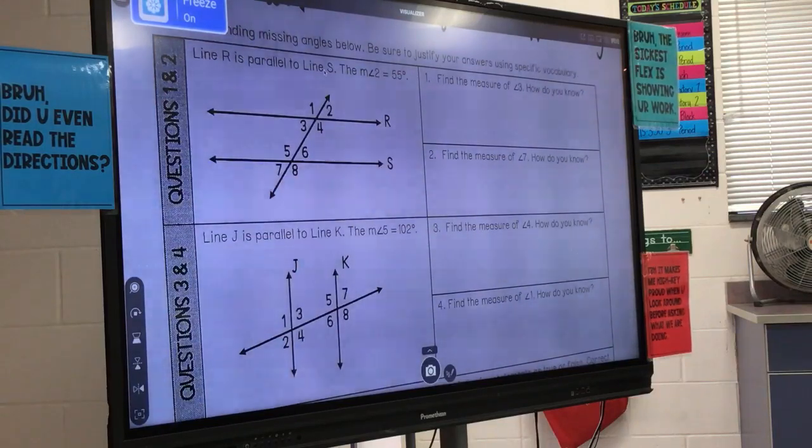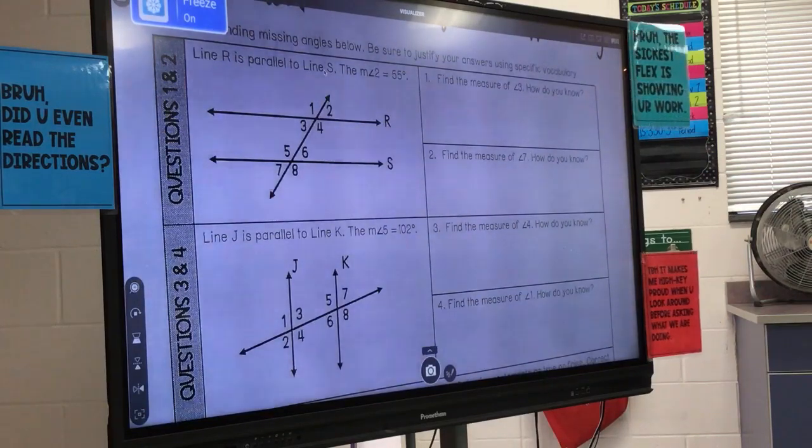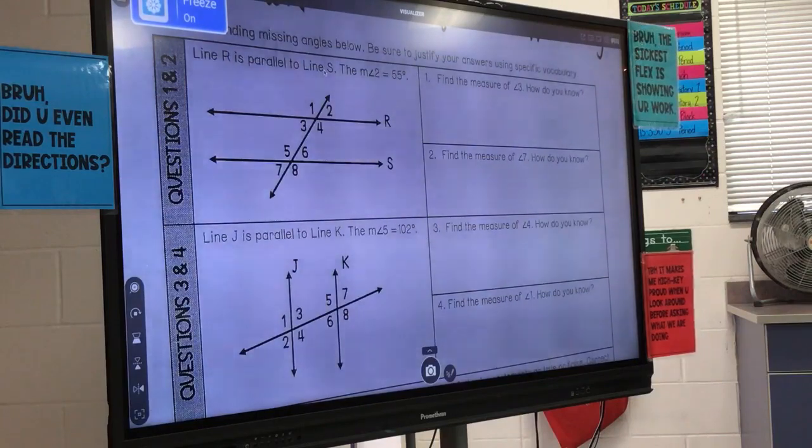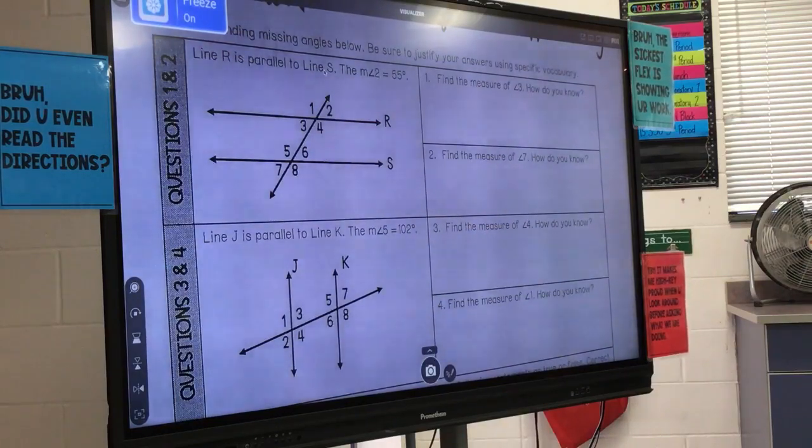You guys are allowed to talk now. You guys have to use vocabulary from the left side when you're answering your questions, by the way.